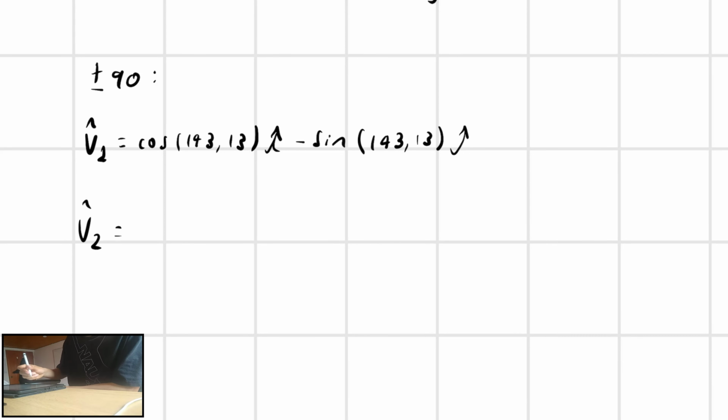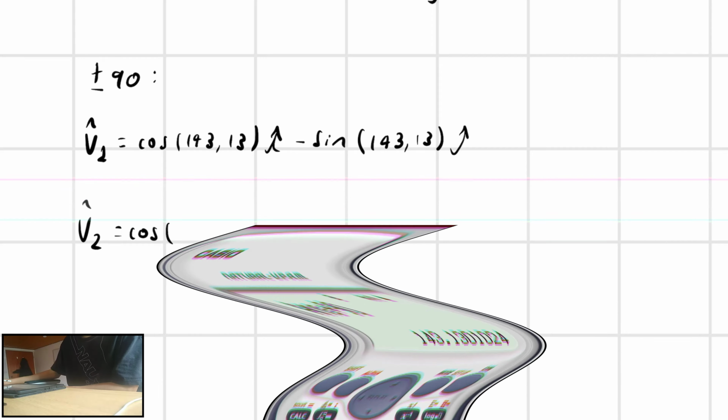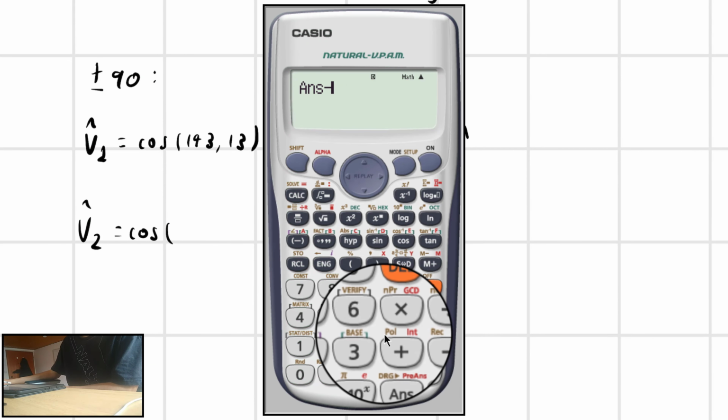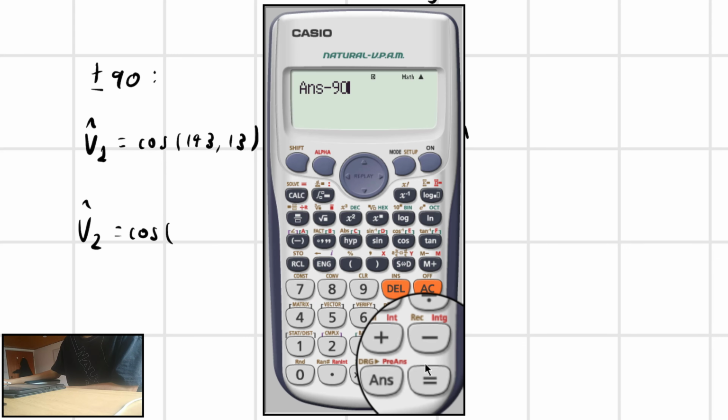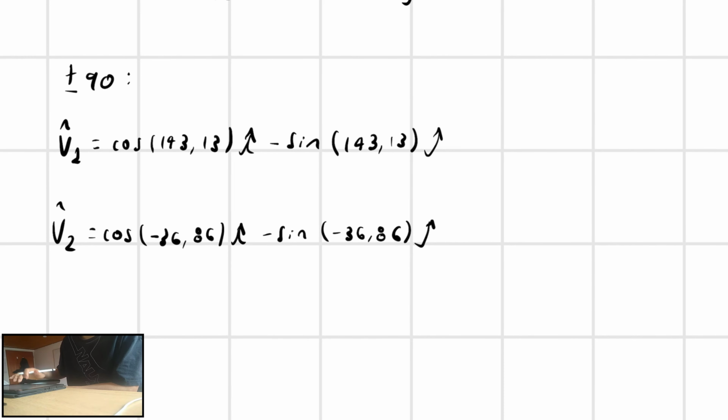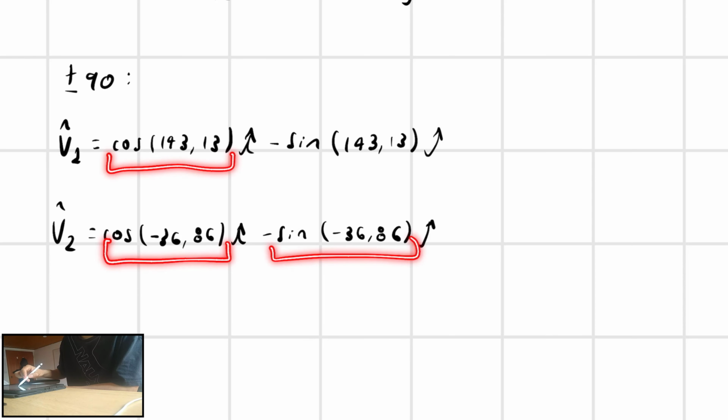The unit vector b is going to be equal to the cosine of, in this case, I'm going to subtract, so 53.13 minus 90, minus 36.86, in the i direction minus the sine of minus 36.86 in the j direction. But this has a solution, right? This is actually a number.